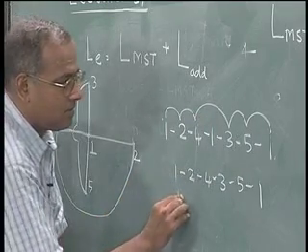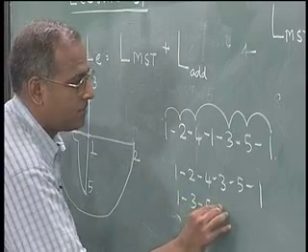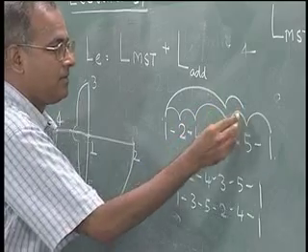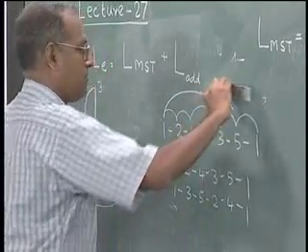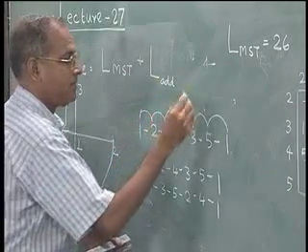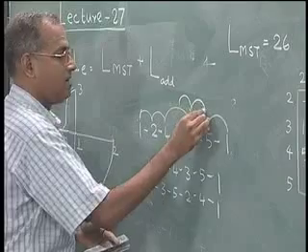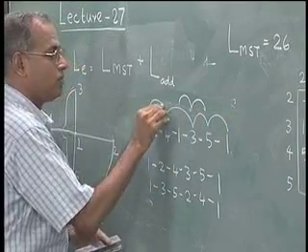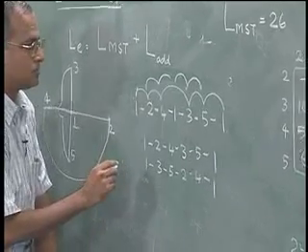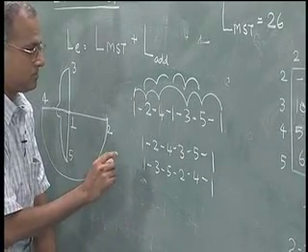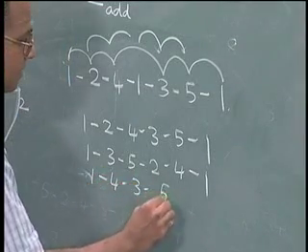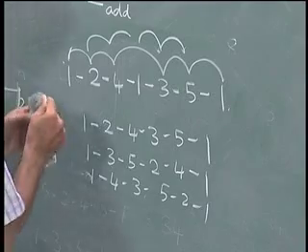1, 3, 5, 2, 4, 1, that is 1 to 3, 3 to 5, 5 to 2, 2 to 4, 4 to 1, or it could be 1, 4, 3, 5, 2, 1.